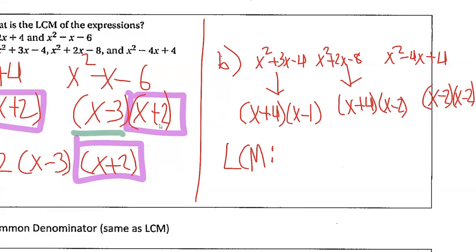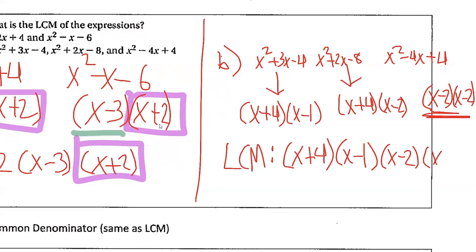So we have an x plus 4, we have an x minus 1, and then we have x minus 2 twice. You could write that as two separate factors, or if you want to combine that, you could write it as x minus 2 squared.